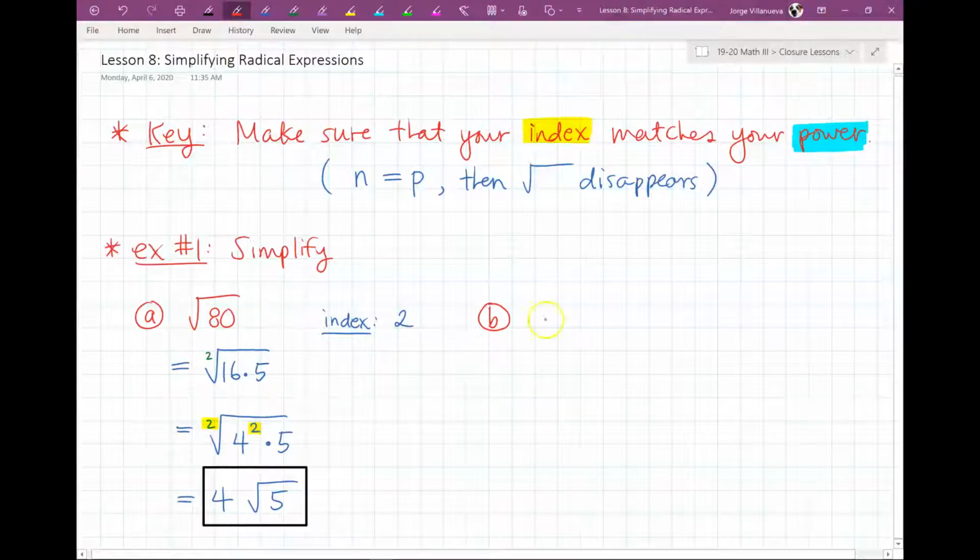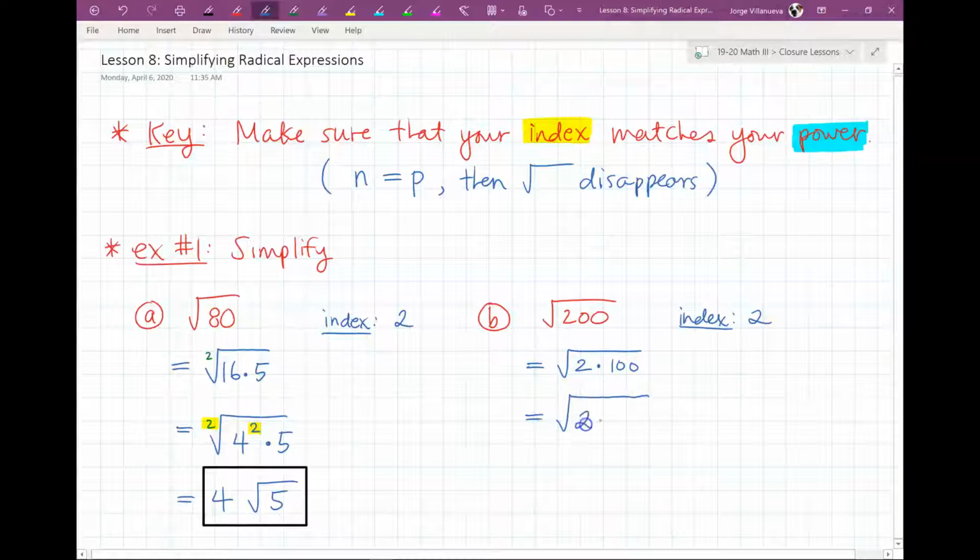Okay, let me do one more easy type and then we'll move on. Okay, so again, for this one, the index is 2. And I know that the square root of 200 is the same as 2 times 100. I know a lot of you guys are going to say, oh, the square root of 100 is 10. Let's take it out. You can do that. I'm just going to take an extra step, okay, and write 2 times 10 squared.